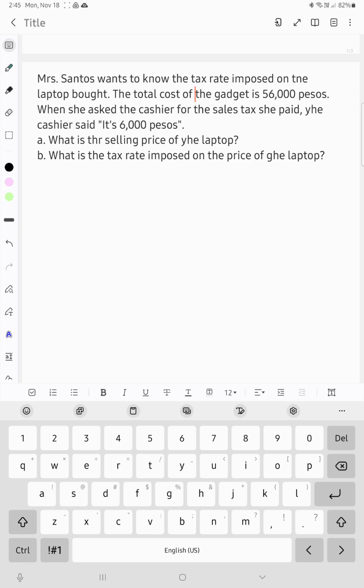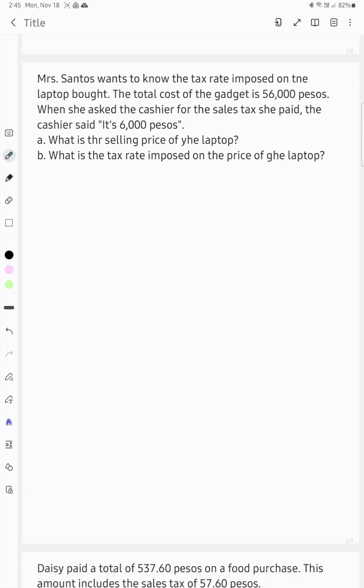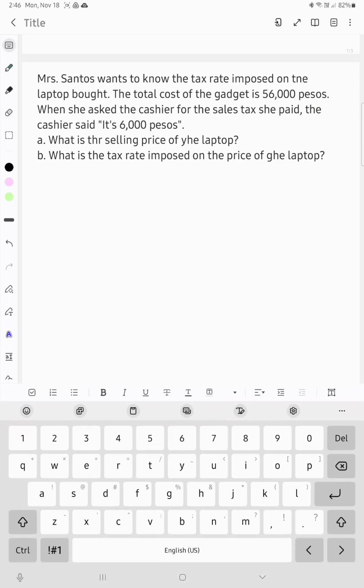When she asked the cashier for the sales tax, the cashier said it's 6,000 pesos. So, how are we going to do that? There are two questions in this problem. What is the selling price of the laptop, and what is the tax rate imposed on the price of the laptop?